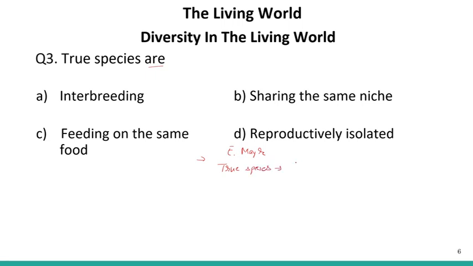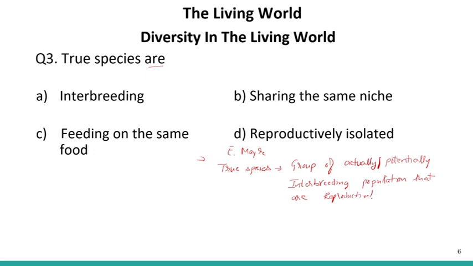He said that a group of actually or potentially interbreeding population, means they can only breed within themselves, they are reproductively isolated from other such groups.